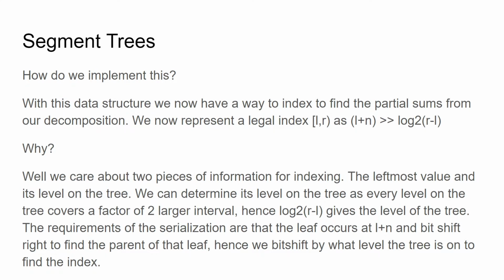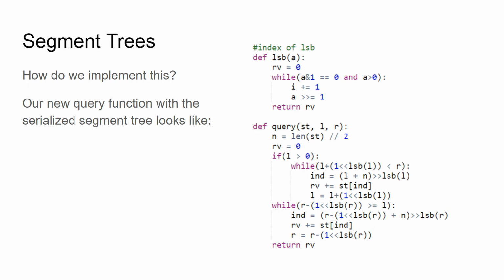Okay, so if we now have this formula for converting our interval from L to R into an actual physical number for our index, we can now implement a segment tree. And that is this. This awful looking bit of code is a segment tree implemented.